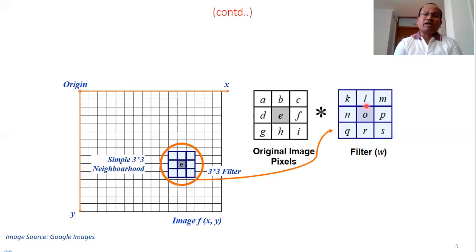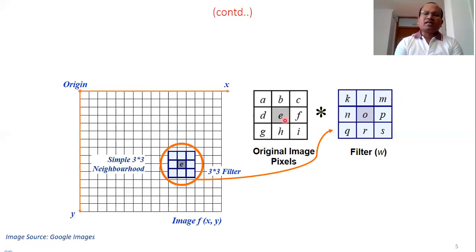Why is it called a mask? K, L, M, N, O, P, Q, R, S. The values of these coefficients may be anything. You can make them all 0. If you make them all 0, the image will be suppressed. We can see only darkness in this 3 by 3 neighborhood.